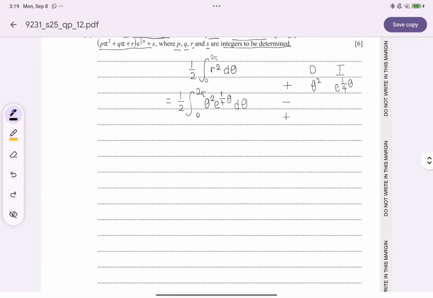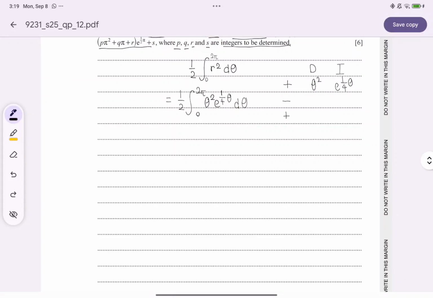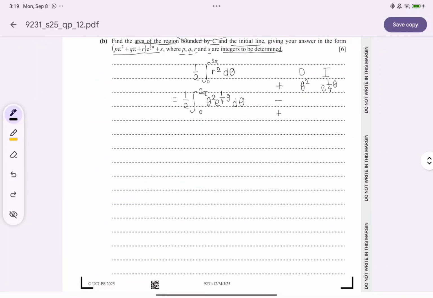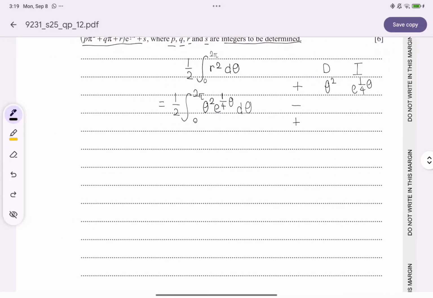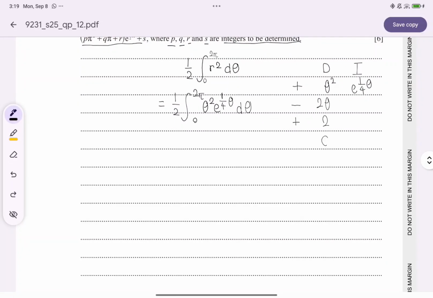So let's first differentiate the theta squared under D. This would be 2 theta, 2, and 0. Then for the I, we have to integrate it over and over again until D reaches 0.